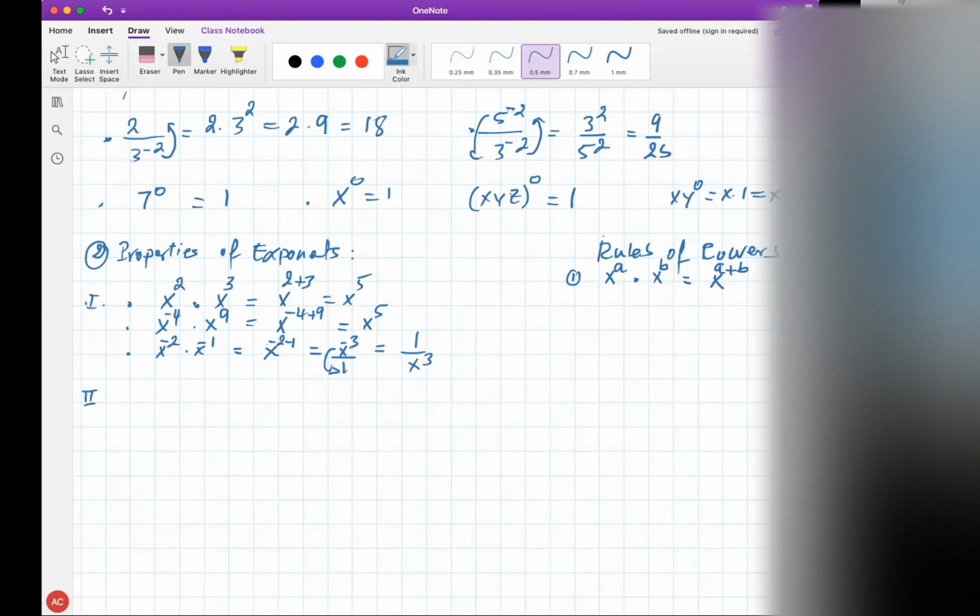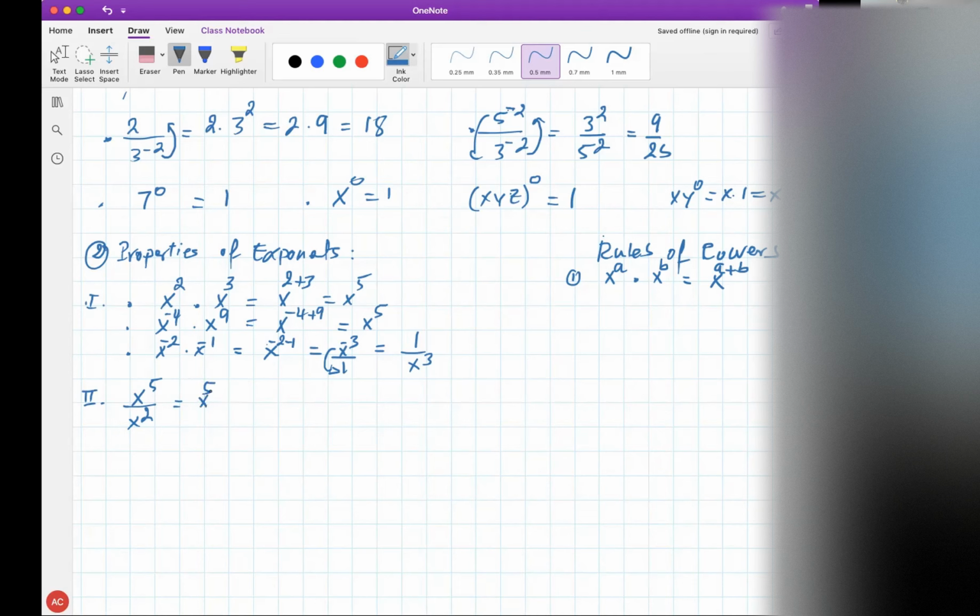Pretty simple. So when you multiply, again, remember we add the powers. Now let's see what happens if you have a division. Instead of a multiplication, we have a division, in other words, a fraction. Let's say x to the power 5 over x to the power 2, right? And we have a division here. If you have the same base, basically you subtract.